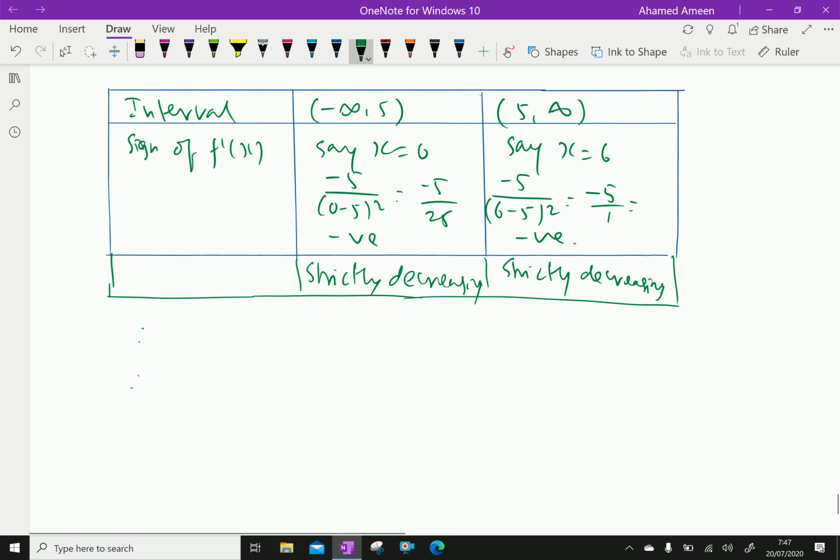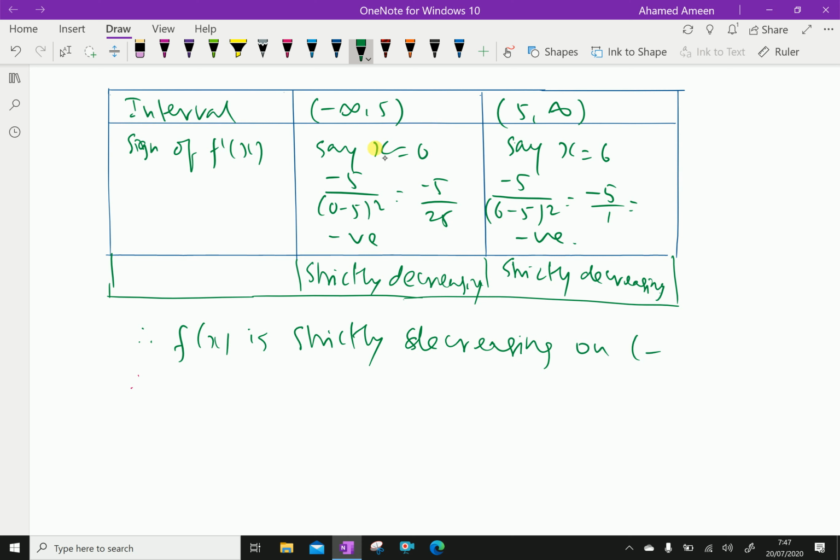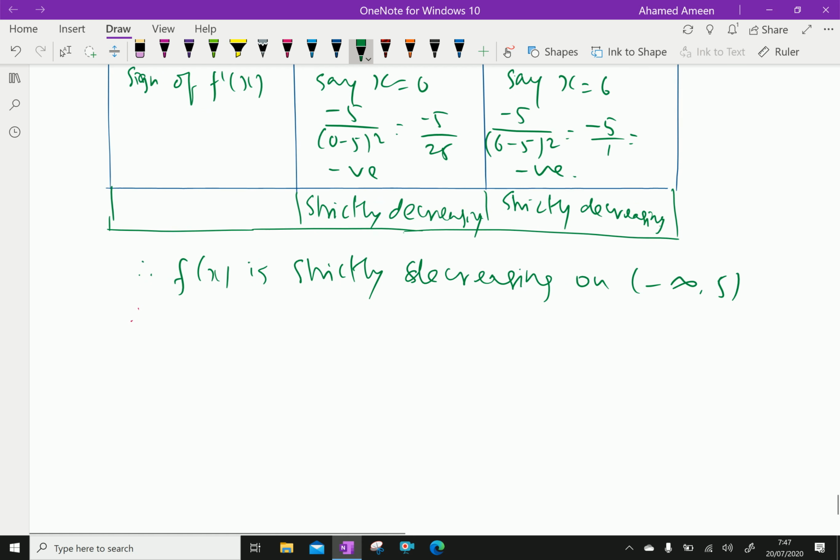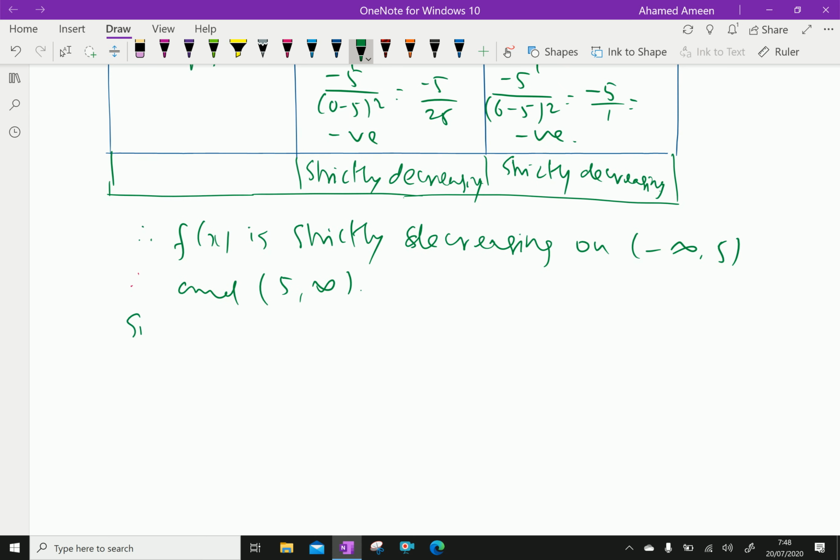Therefore we can conclude f of x is strictly decreasing on minus infinity to 5 and 5 to infinity.